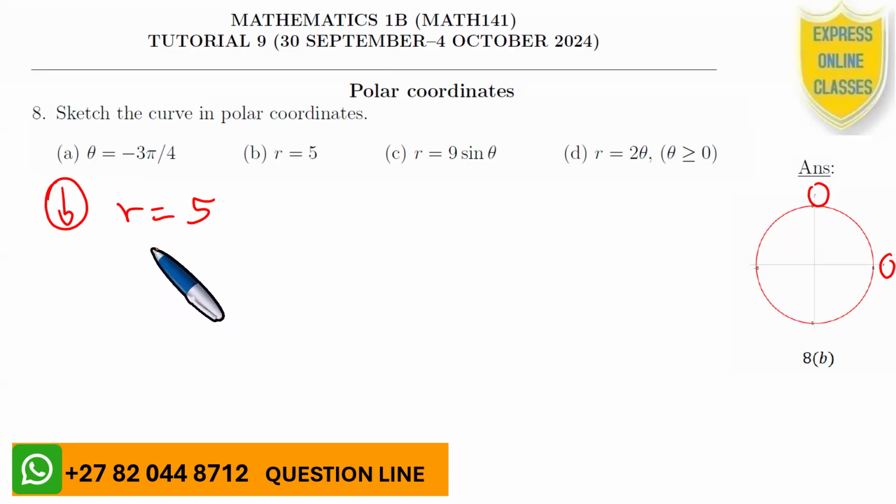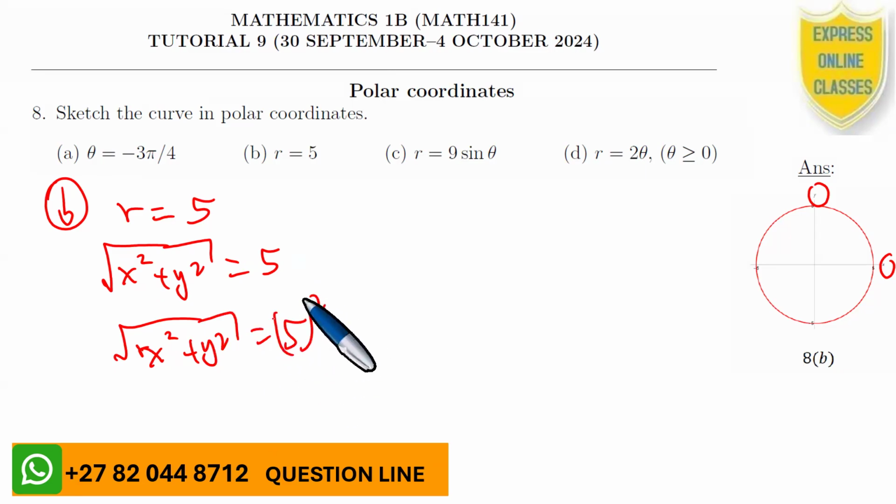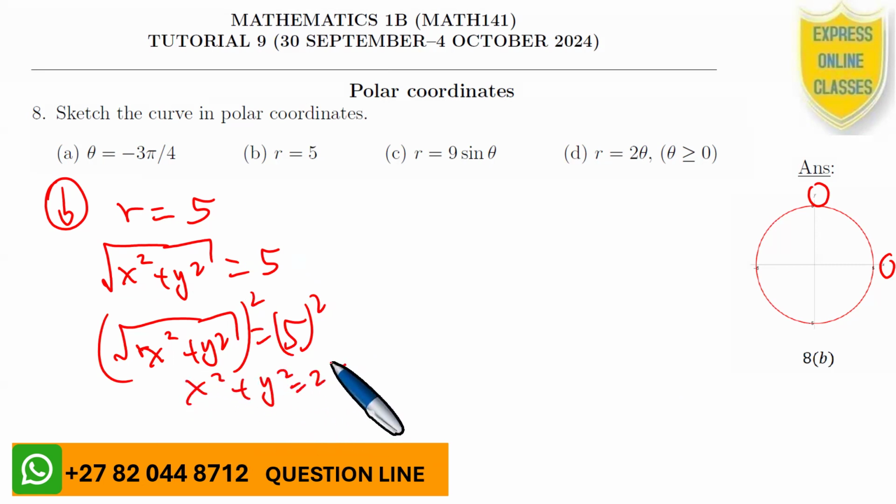Because you know that r is the same as the square root of x squared plus y squared, which is 5. You square both sides, meaning x squared plus y squared equals 25. We can write it as x squared plus y squared equals 5 squared.